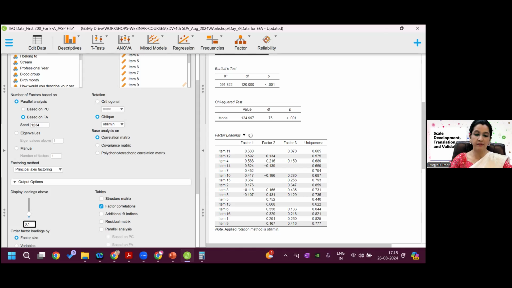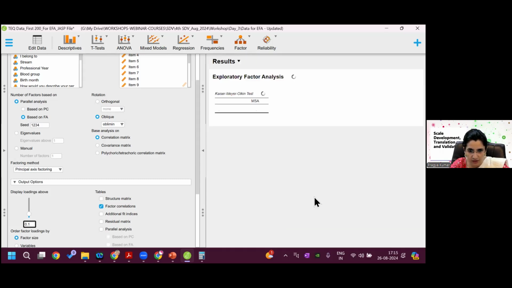We say minimum loading should be at least 0.5 on any factor, but you can say 0.45 or 0.3 also if multiple items are getting loaded. But if you see item number 9, it is not.